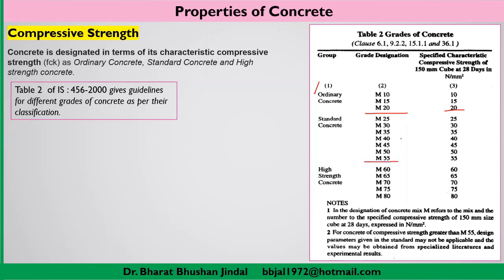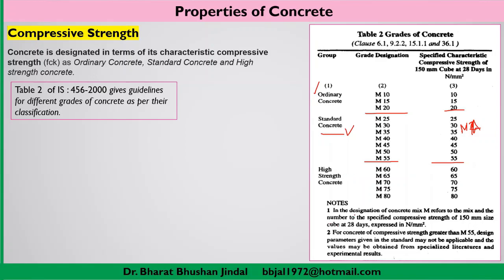Now after that, from M25 to M55, all these grades are termed as standard concrete, and correspondingly they have their compressive strength, which is known as characteristic compressive strength, in MPa, that is megapascal. Beyond M55 grade, these types of concrete are known as high strength concrete.